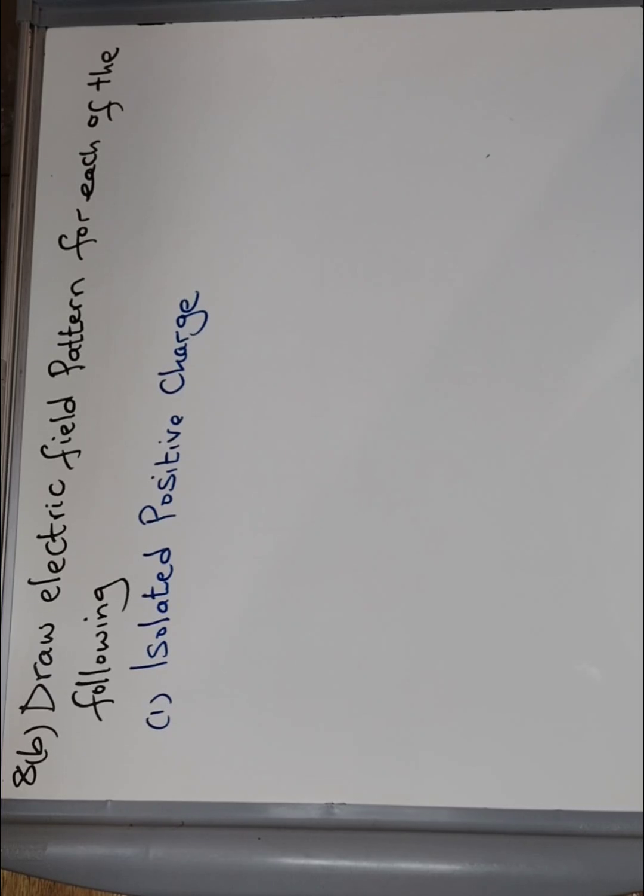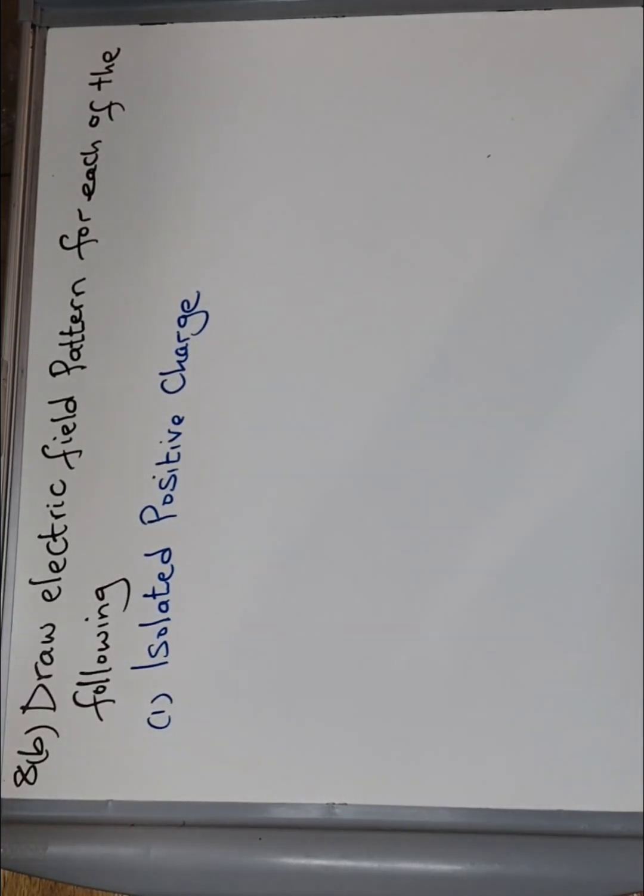Then comes this question. It says, draw electric field pattern for each of the following. The first one is isolated positive charge. What do we call isolated positive charge?